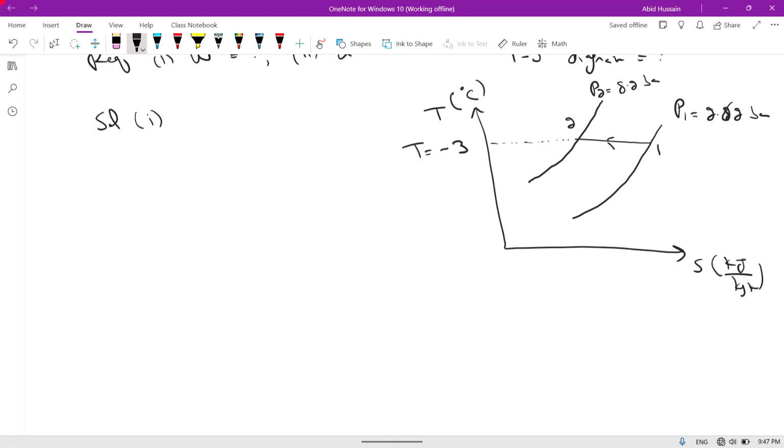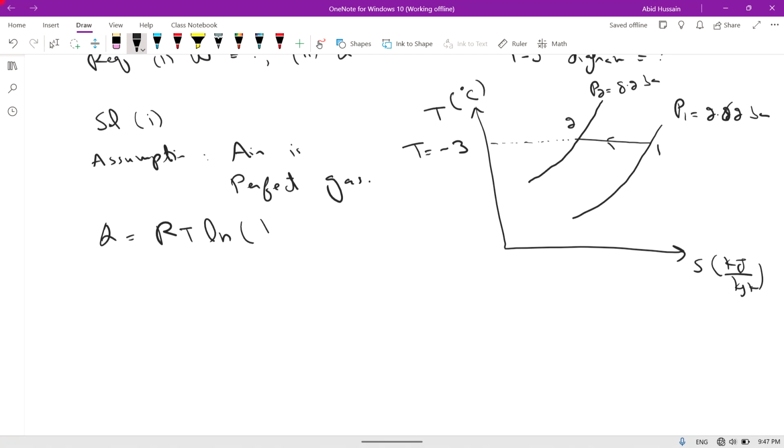Now in part number 1 there is one assumption, that air is a perfect gas. So we will use perfect gas equations. According to the perfect gas equation, Q is equal to RT natural log of P1 divided by P2.